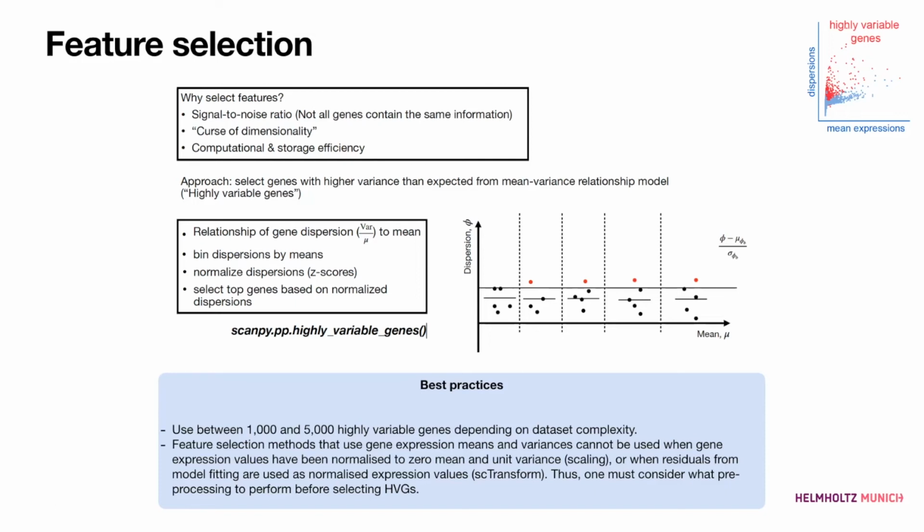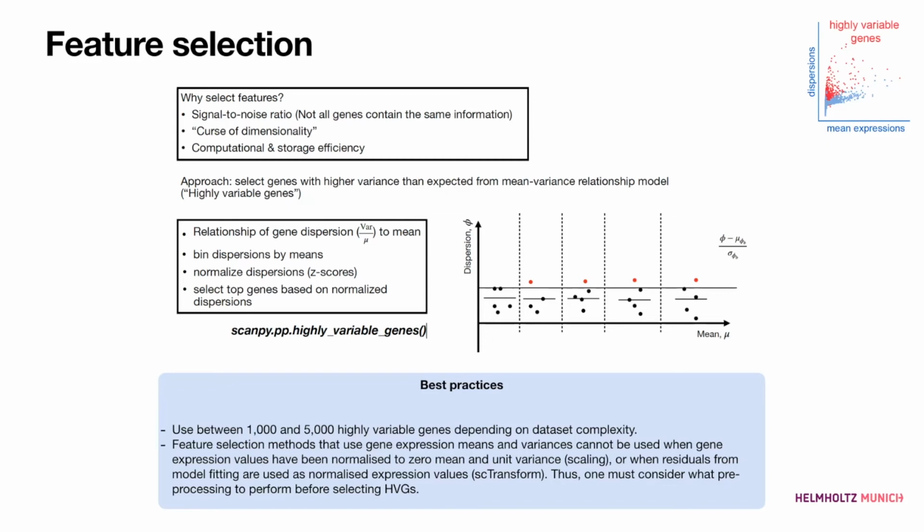So what can we do to select features? One approach that one usually takes is to select those genes that have a higher variance than expected from the standard mean variance relationship. These would be the highly variable genes. To get these, we look at the relationship of the dispersion to the mean. The dispersion here is simply the variance divided by the mean.